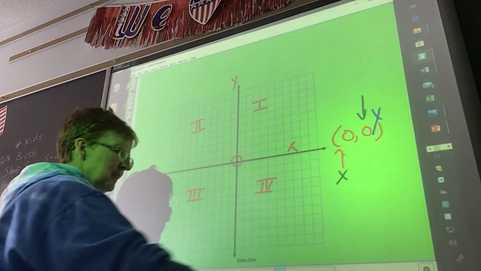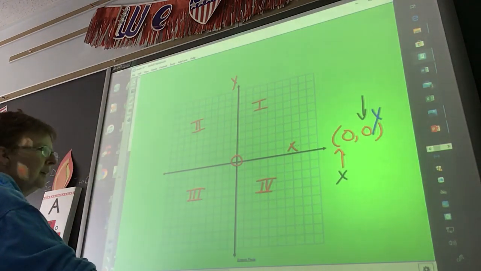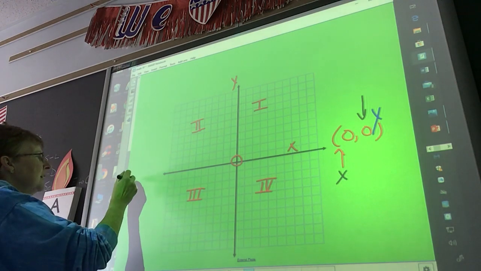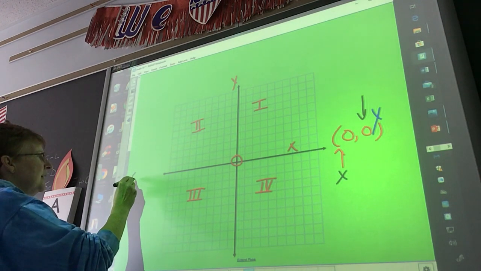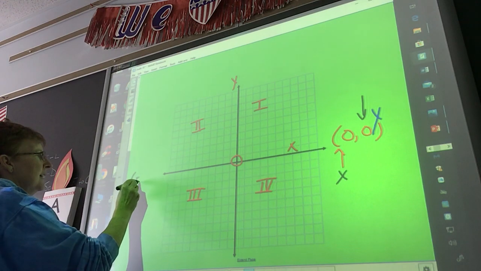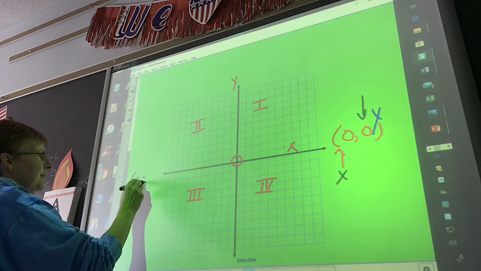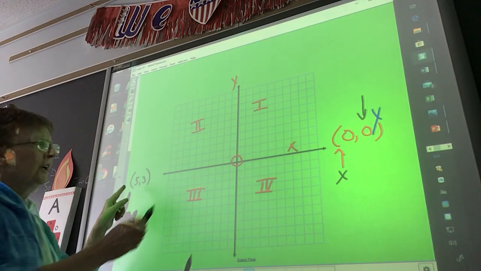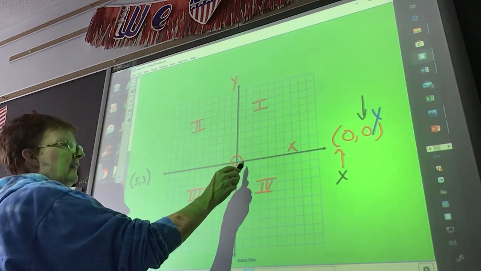All right, so let's put this into action by coming up with a few ordered pairs. Let's start with 5 and 3. So the first number, we're going to go in the positive direction, 5 spaces.